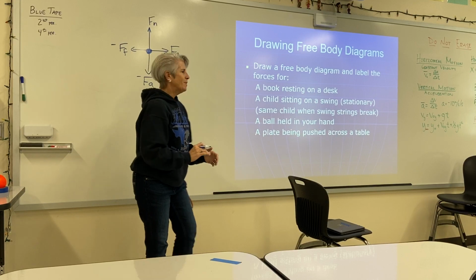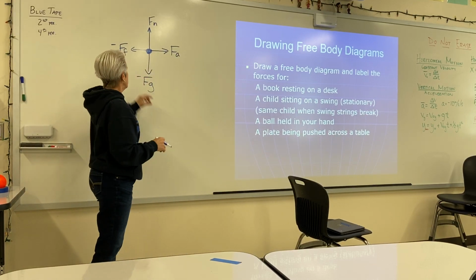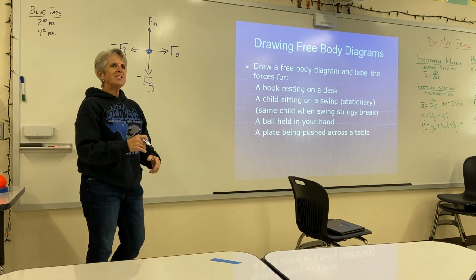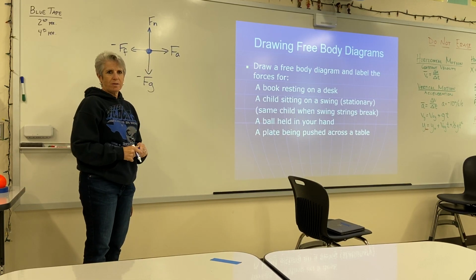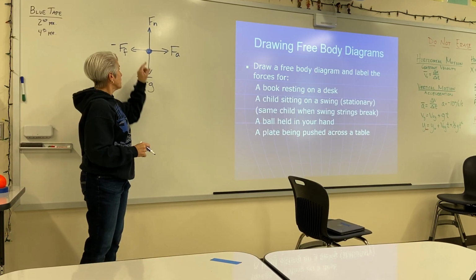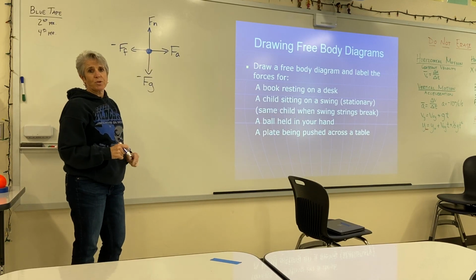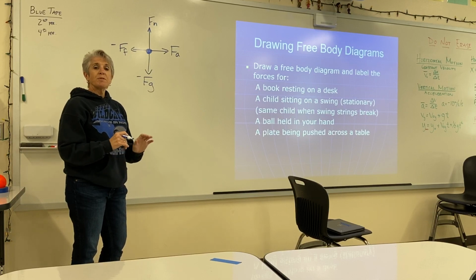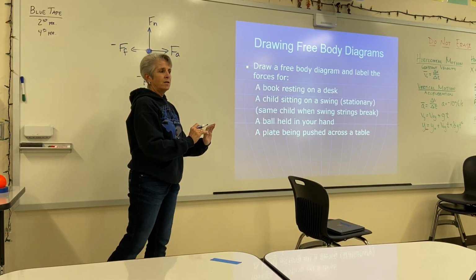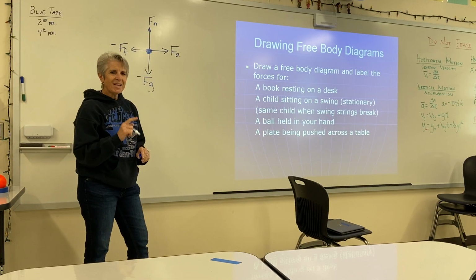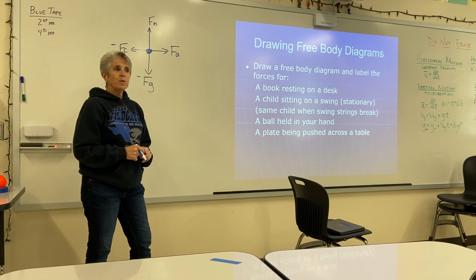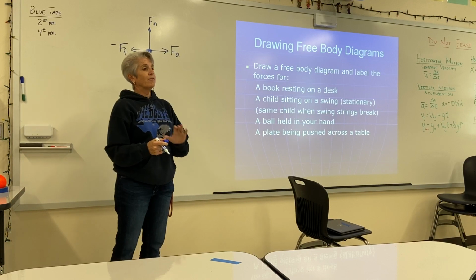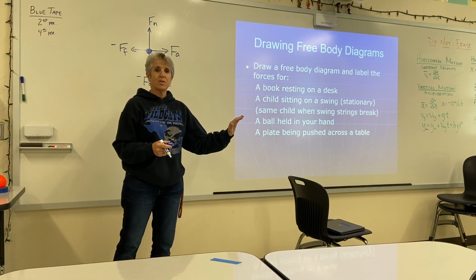Now, you might have noticed earlier when we talked about when the down force was equal to the up force, it made the object not accelerate. The same thing is true of the left forces equaling the right forces. If these two forces are equal to each other, then the object will not accelerate. We have to be really careful. That doesn't mean the object won't move. You can move and not be accelerating, right? We've talked about how that is moving at constant velocity.